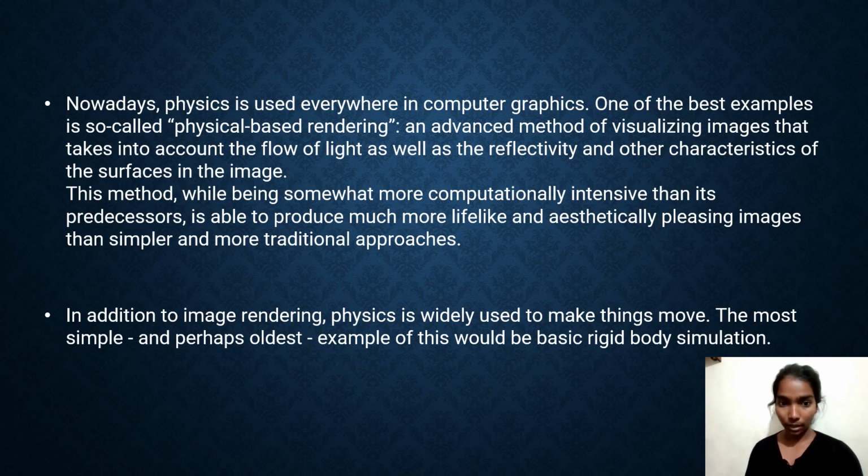This method, while being somewhat more computationally intensive than its predecessors, is able to produce much more lifelike, aesthetically pleasing images than simpler and more traditional approaches. In addition to image rendering, physics is widely used to make things move. The most simple and perhaps oldest example of this would be basic rigid body simulation.